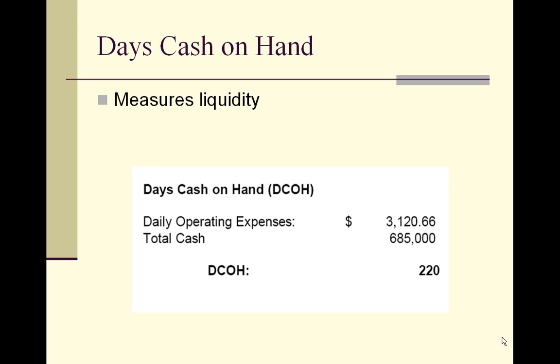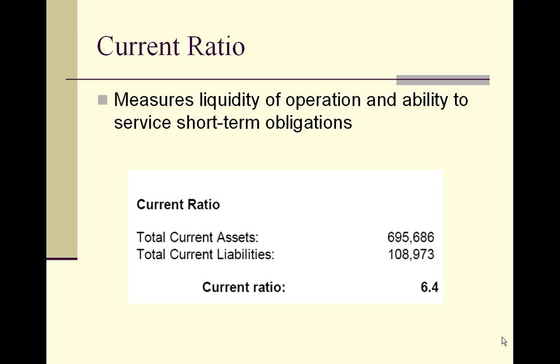Days cash on hand measures the liquidity of a company and of a senior living community. Here we have 220 days cash on hand, which is not quite what banks would look at, especially in the CCRC world. You will read the Wall Street Journal article in which is mentioned that banks look at typically 300 days plus cash on hand.